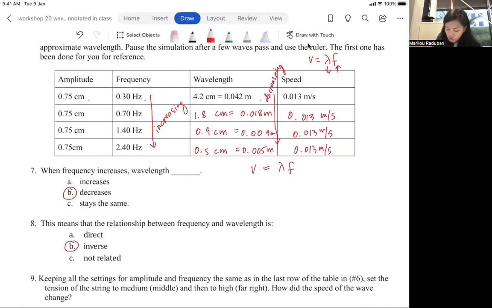If you rearrange this equation to isolate wavelength, we divide both sides by frequency, and that cancels out frequency. Then you can see that the wavelength is equal to speed divided by the frequency. So the frequency is inversely proportional to the wavelength. If the frequency increases, the wavelength decreases.